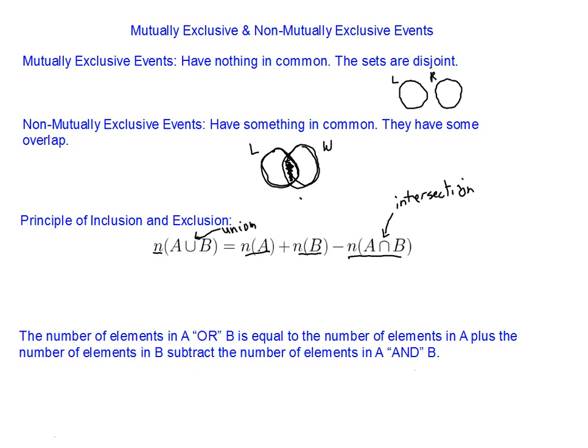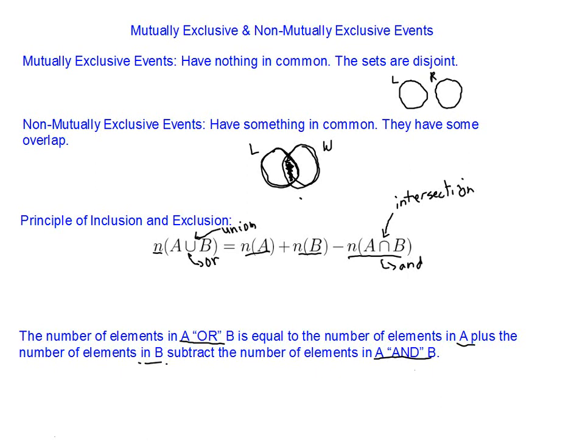It's what they share. So the common word here would be and. So A and B, or A intersection B. And similarly here, the union is A or B. So the key word here being or. So in words, that just means that the number of elements in A or B is equal to the number of elements in A plus the number of elements in B, and then we subtract the overlap since we've counted it twice.